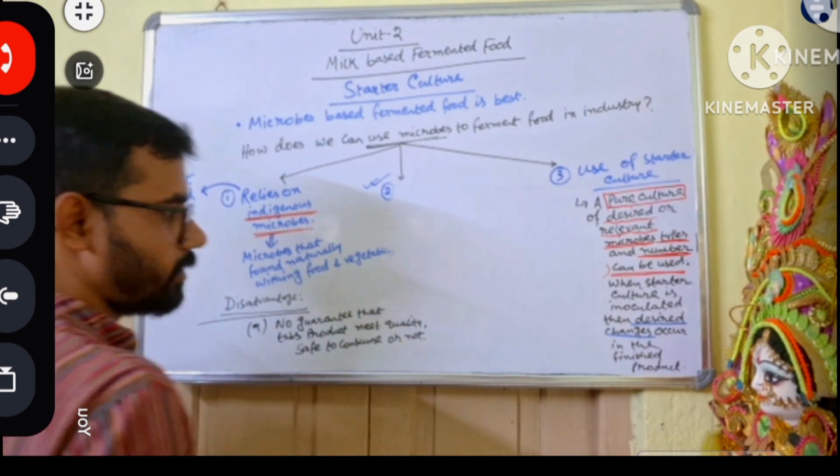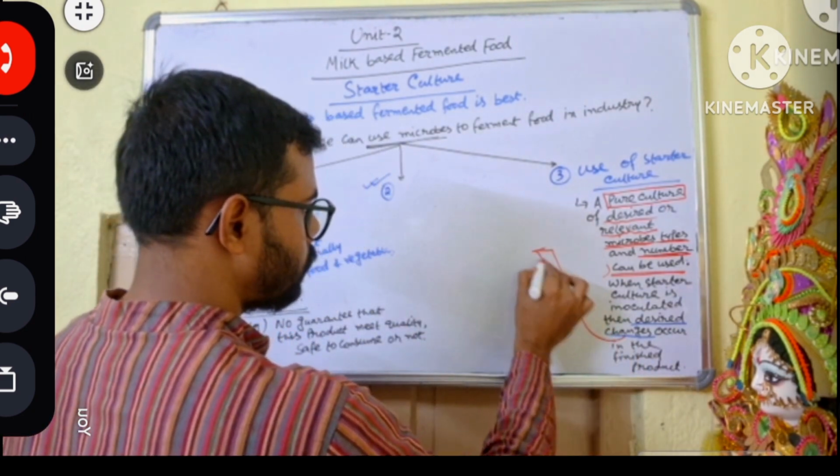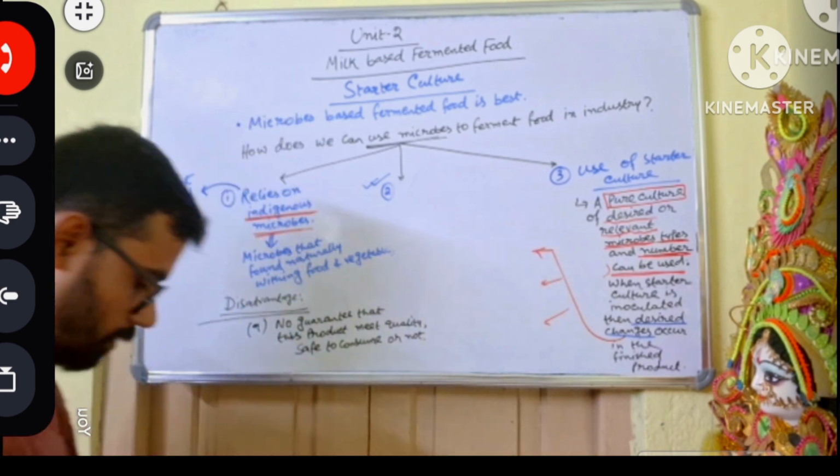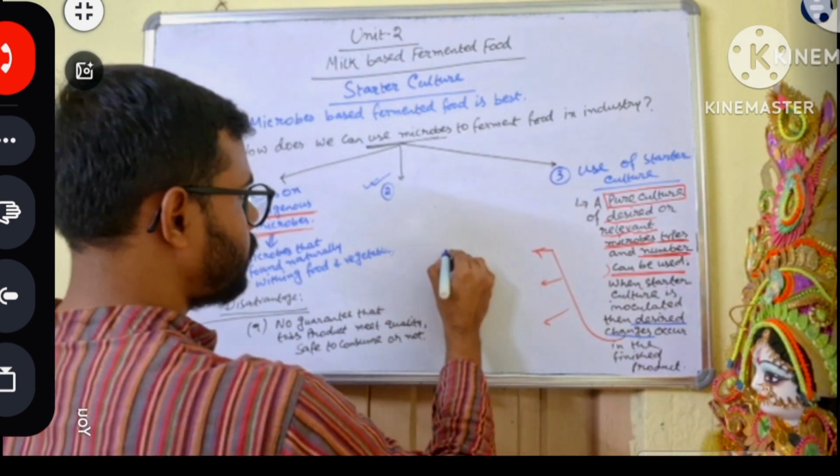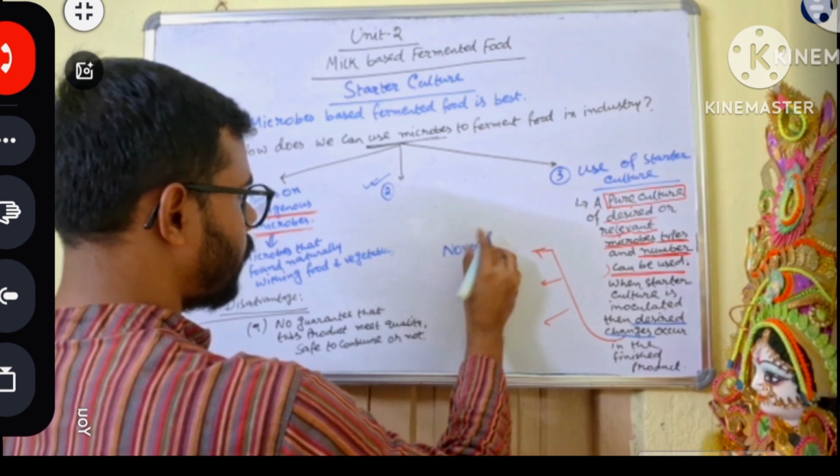So what are the desired changes? Number one, starter culture gives the finished product novel functionality.